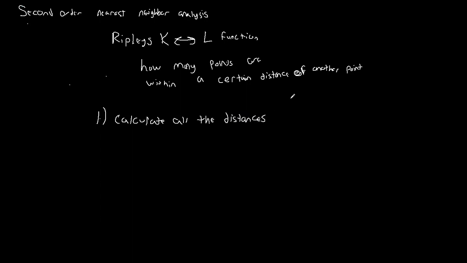Before, we only calculated the nearest neighbor, which was the distance from one point to its closest neighboring point. Now we're going to have to keep track of all of the distances. Then we're going to pick some distance r and compare it to all the distances.